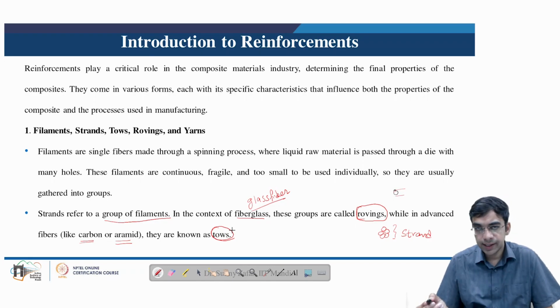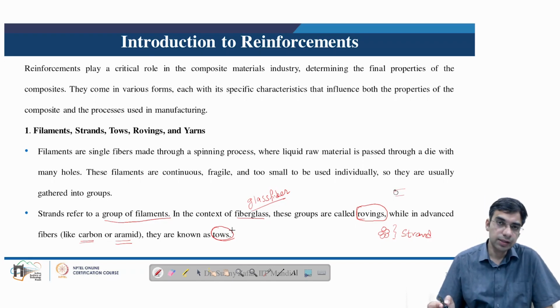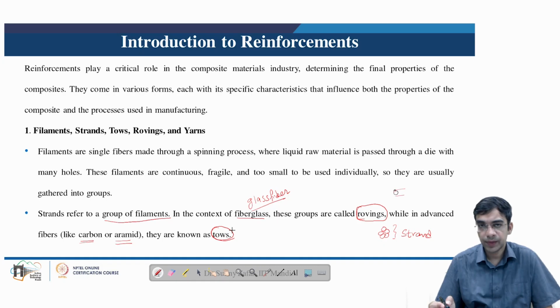It is the same thing, but in technical literature it has been used this way. So wherever we see the term tow, it implies a strand of carbon fiber or aramid fiber. And in literature, if we come across the term roving, it implies a strand of fiberglass or glass fiber, which means the same.